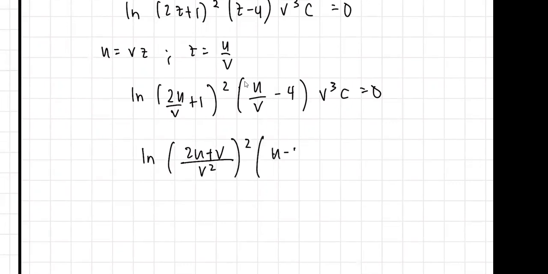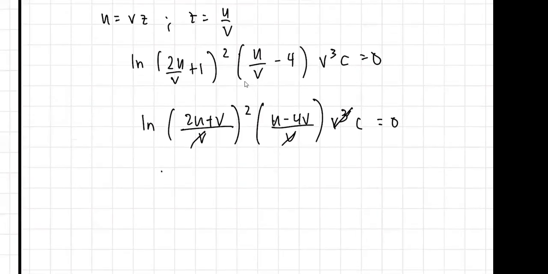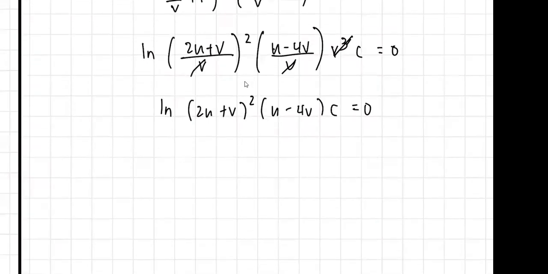So to u minus 4v over v cubed c is equals to 0. Teka, ba't nagkaroon ng squared yung una? Okay. So, ito magiging v squared tapos v. So maka-cancel out yung mga v natin. So magiging itong 2u plus v squared times u minus 4v c is equals to 0.